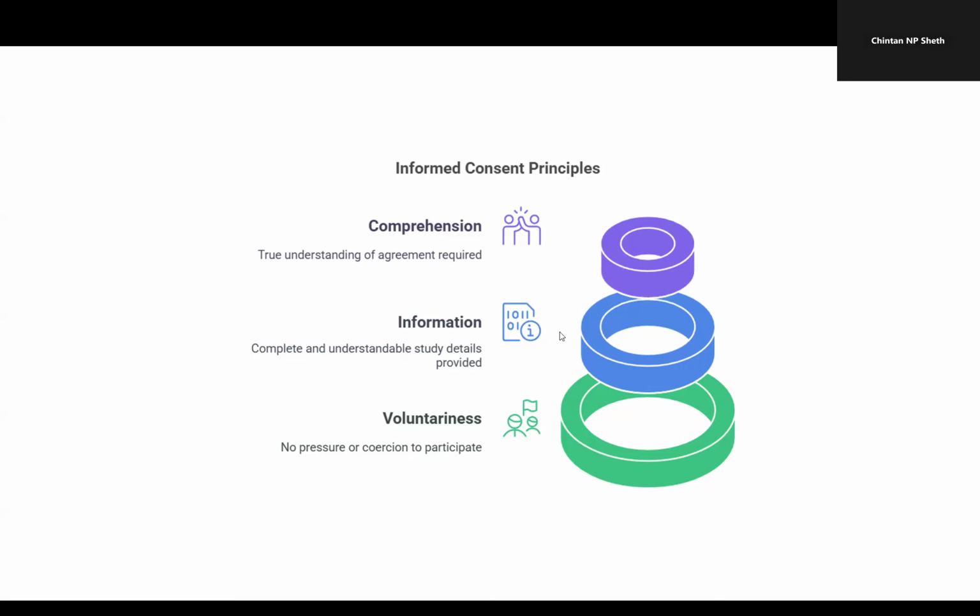The second principle is information. Now, what do you mean by information in informed consent? The information must be complete and should be in an understandable language. In simple terms and in layman language, the person should be able to take a decision by reading the information which is present in the informed consent document. And the third and the most important principle governing informed consent is voluntariness.